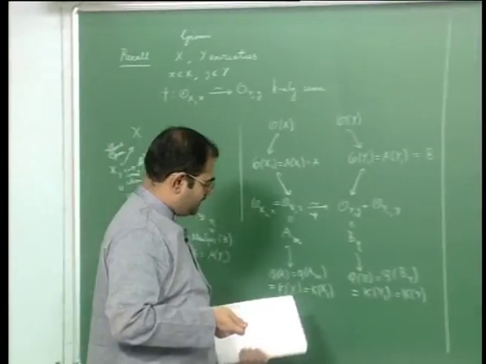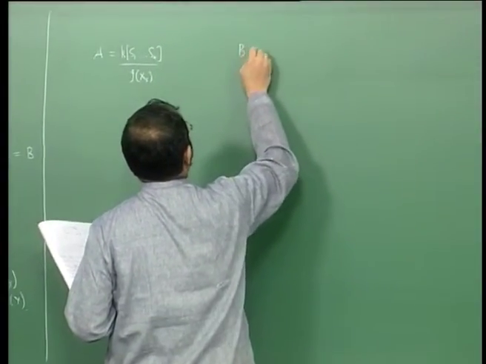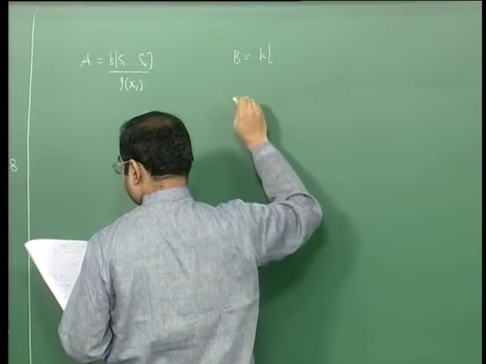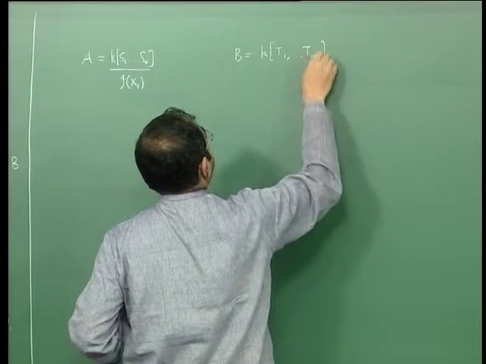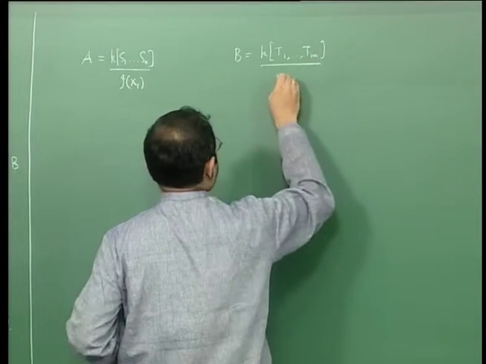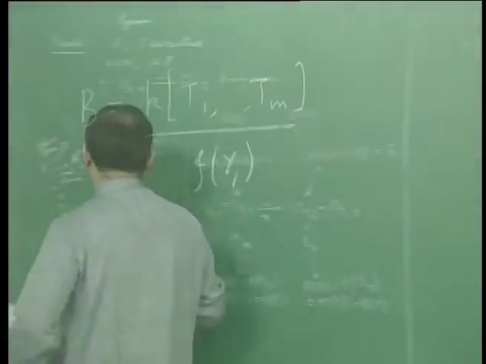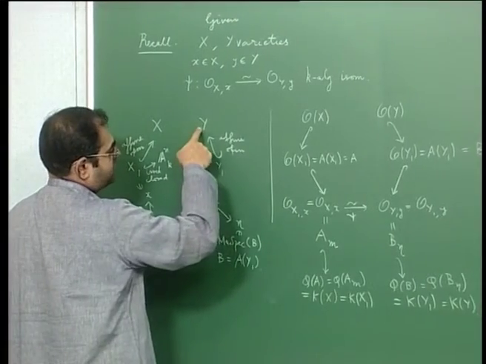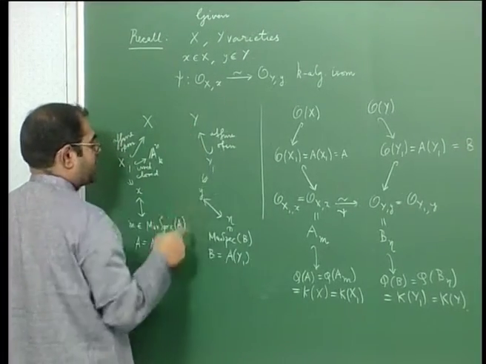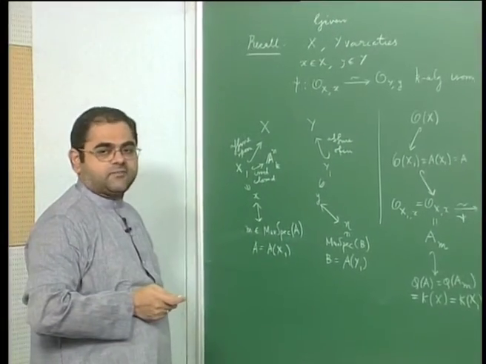And then similarly B is also a polynomial ring in m variables divided by the ideal of y1, where similarly we are thinking that since y1 is an affine open subset of y, it means that y1 is an open subset of capital Y, but it is also abstractly isomorphic to an affine variety.